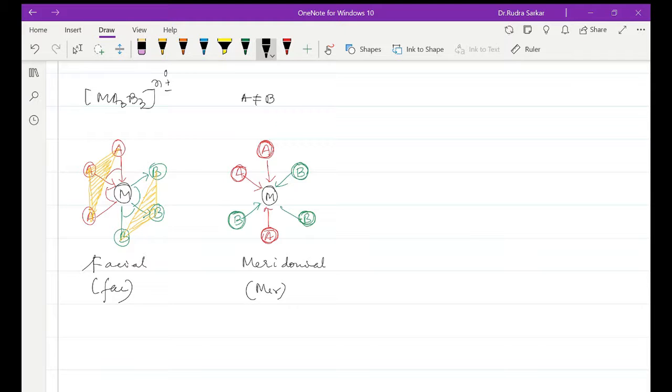So from a facial isomer, if you want to move into a meridional isomer, just remember that you have to place the two similar atoms at an angle of 180 to each other. Now if you connect the donor atoms, it forms a triangle like this, but they are not lying in one face.